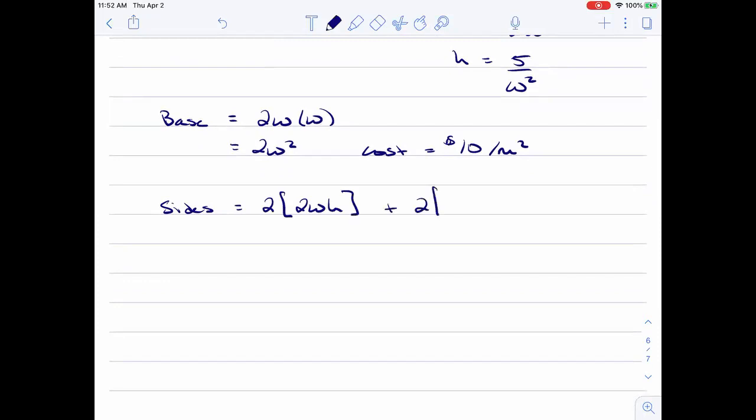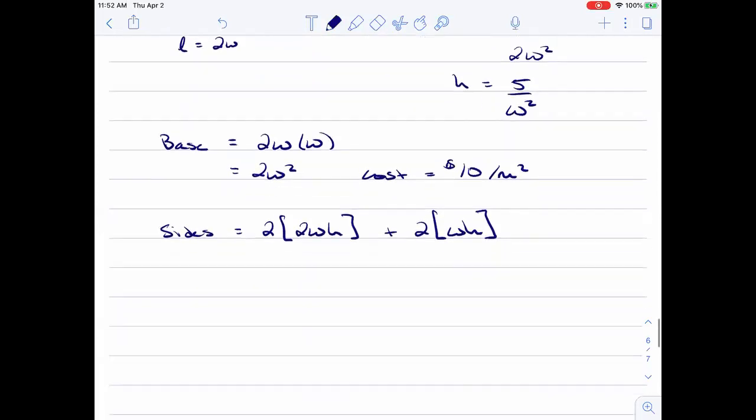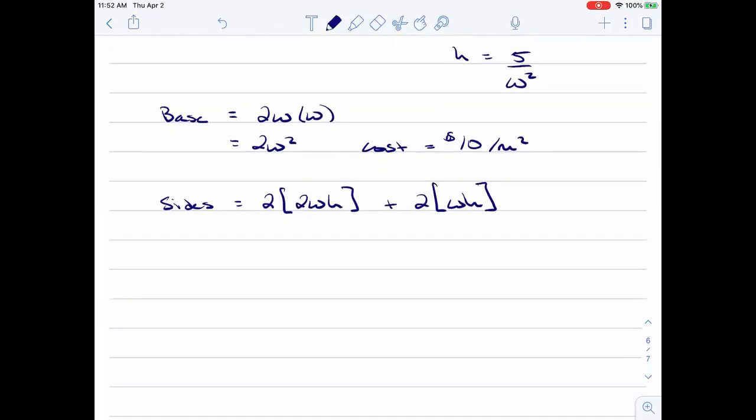And then there's two sides that are just w times h, because this is also h, right? So wh, there's two of those sides at $6 per square meter, and then h times 2w, there's two of those, and the cost is $6 per meter squared.